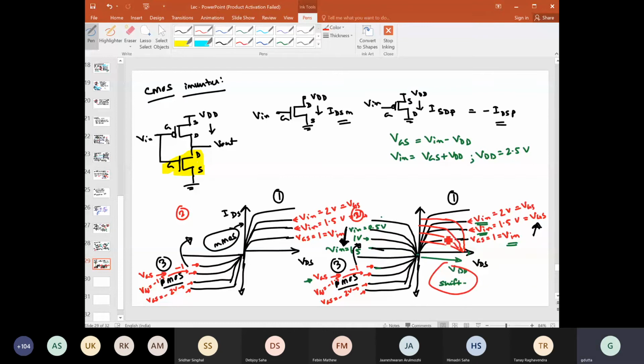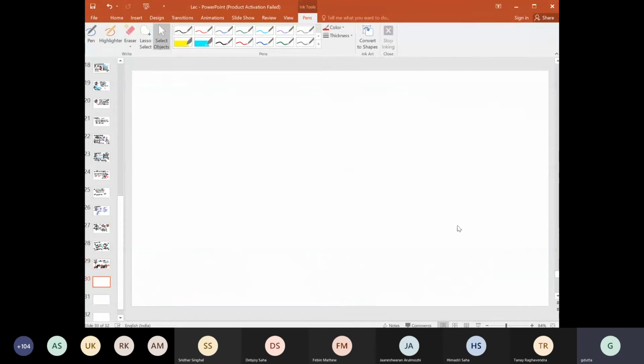Then you can see in one plot we have the output characteristics of both NMOS as well as PMOS. Let us quickly do this final part in the next page. I am not doing how you are getting it because I hope that you have understood how you are getting it from this till so far, right?